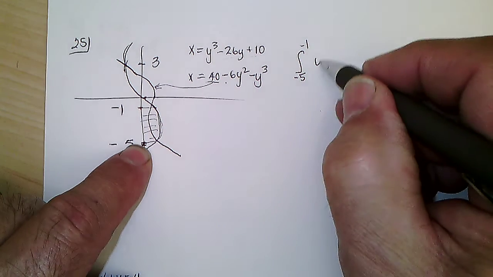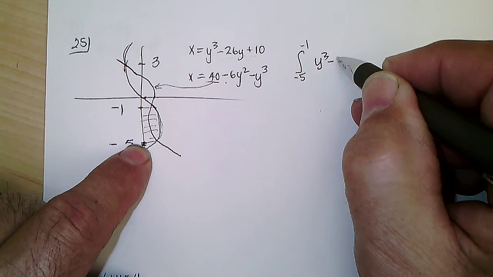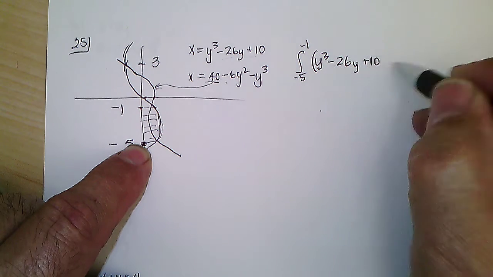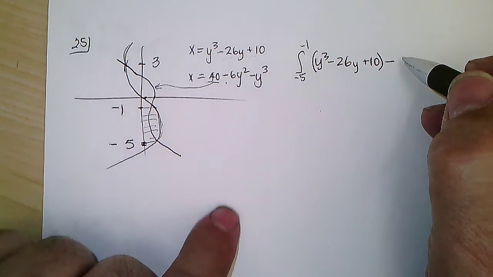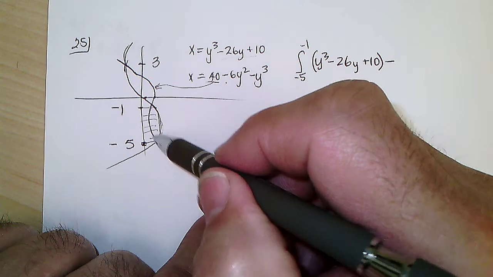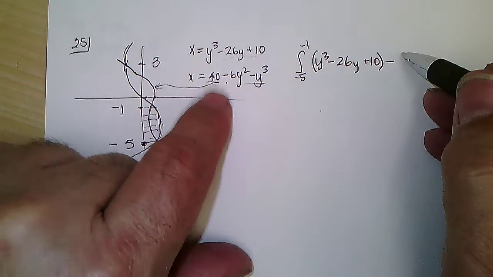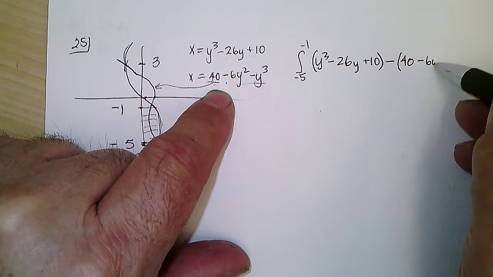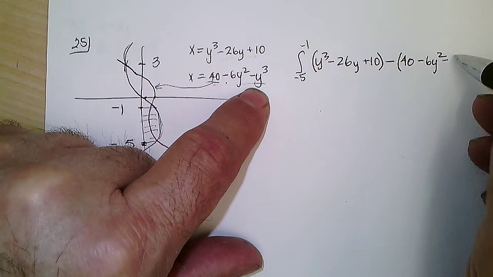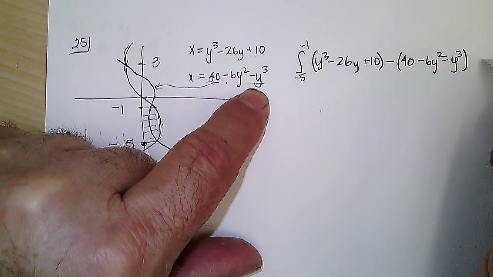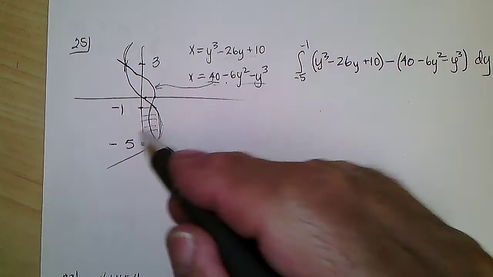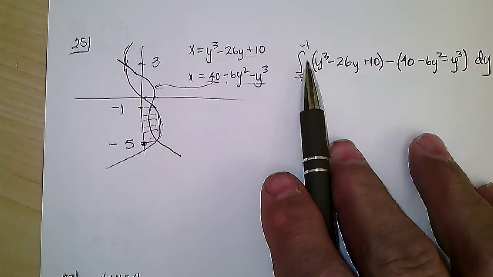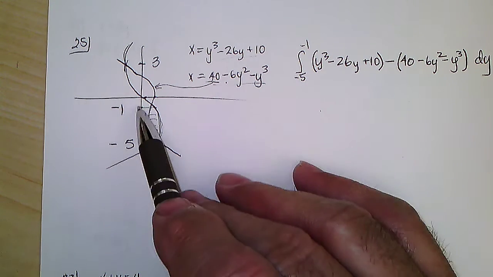So we're going to have y cubed minus 26y plus 10 minus the one on the bottom, which is this one or this one. So 40 minus 6y squared minus y cubed for this part. And then we're going to swap these two, or just take the negative of this when we evaluate from minus 1 to 3.